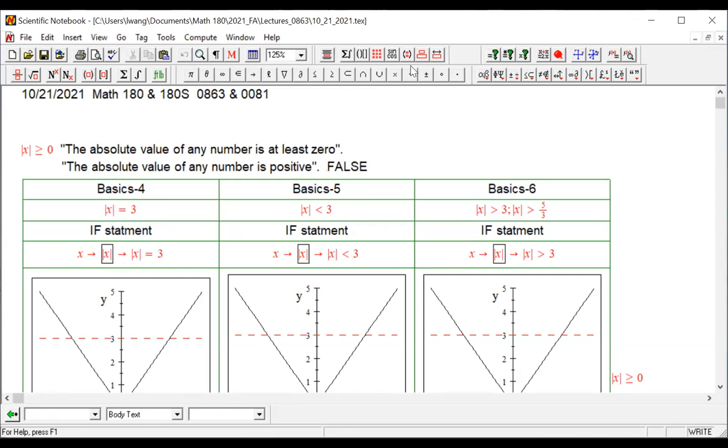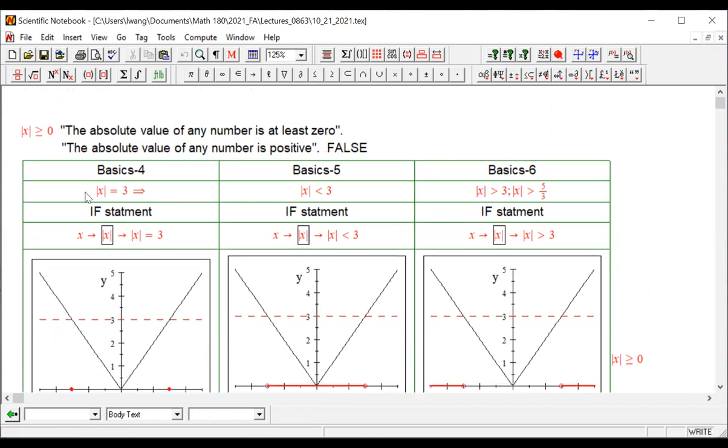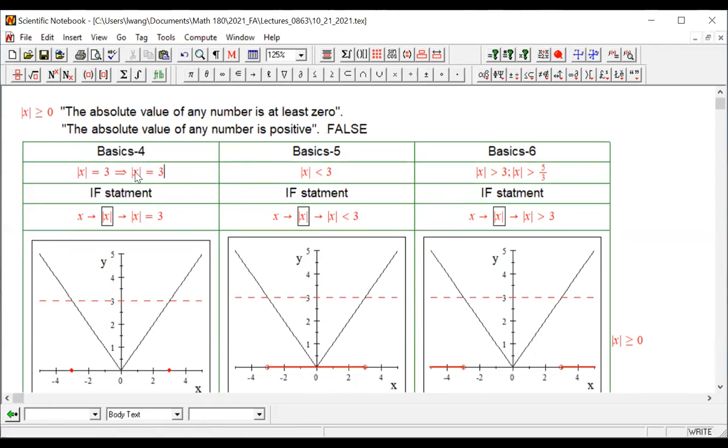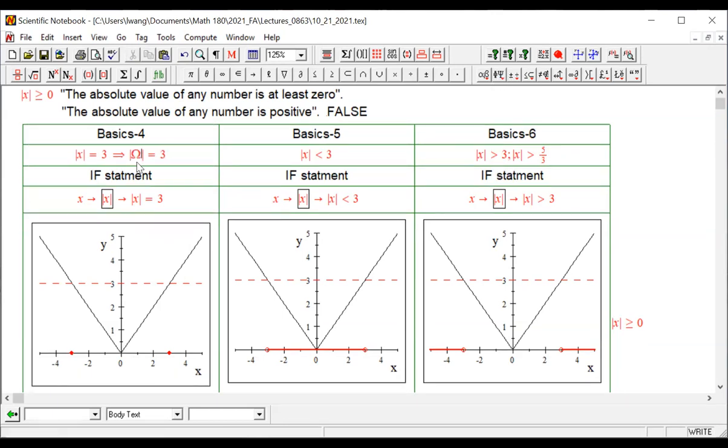What if the any number turns into anything? Any number is turned into anything.